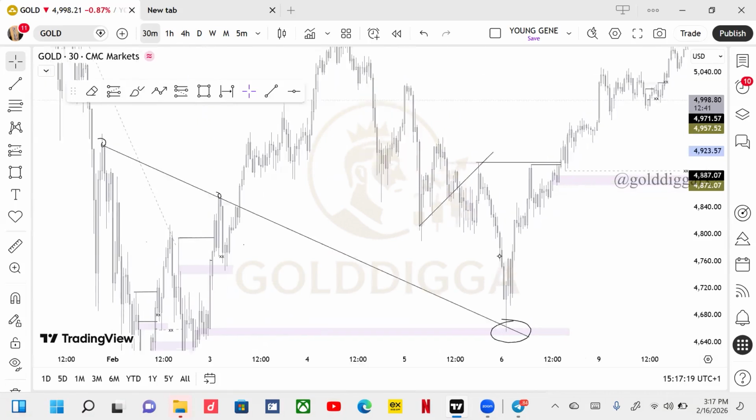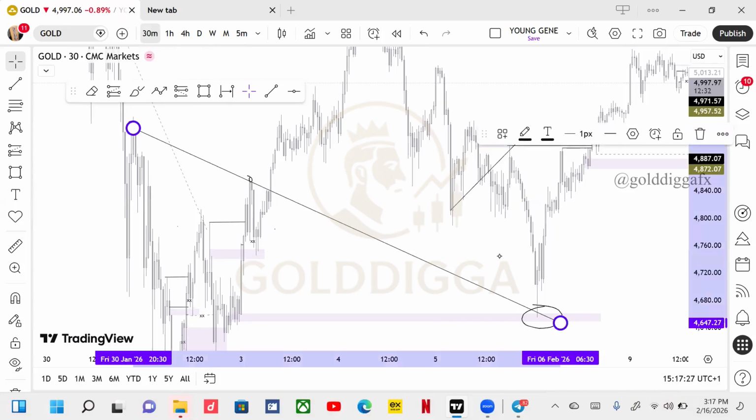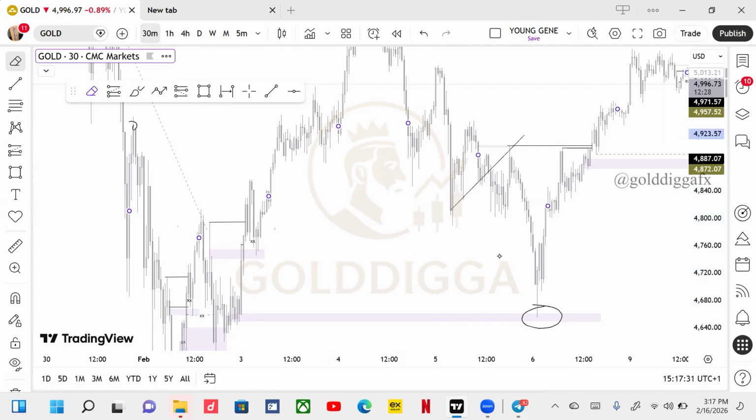For now, the major things we're going to be focusing on are confluences for your entries, which we've talked about: sessions and trend lines. Those are the only two confluences you could use.